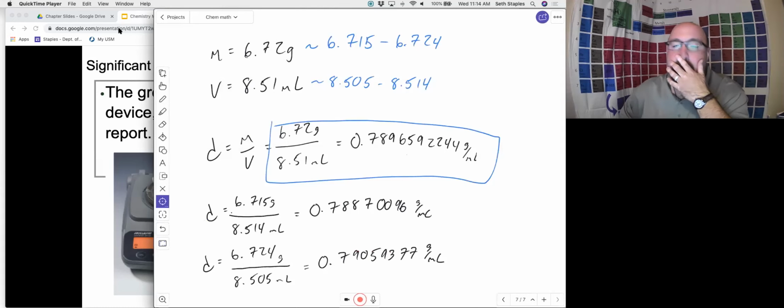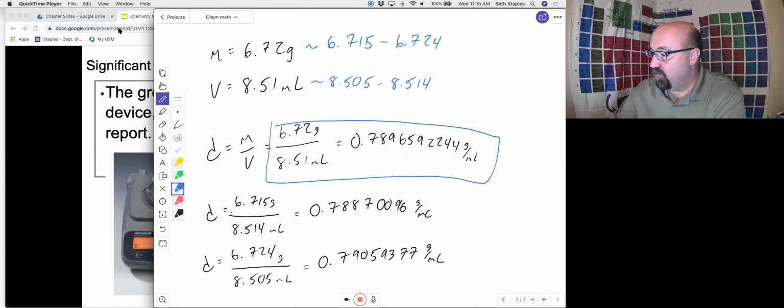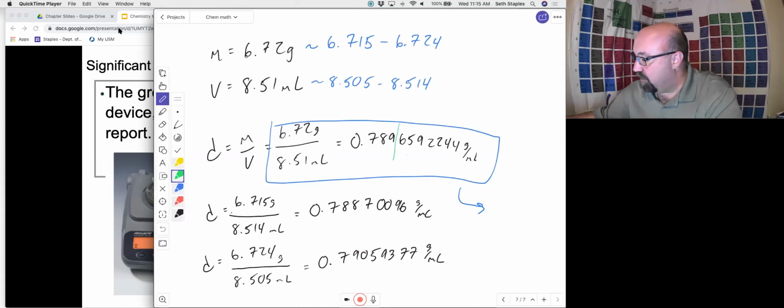But we round our calculated answer to the correct number of significant figures, which then helps us to represent the accuracy of our measuring devices. And so in this case, we're going to round to 3 significant figures. So we're going to take our answer that we got, round it off to 3 figures, which means we're going to cut our answer off right here.